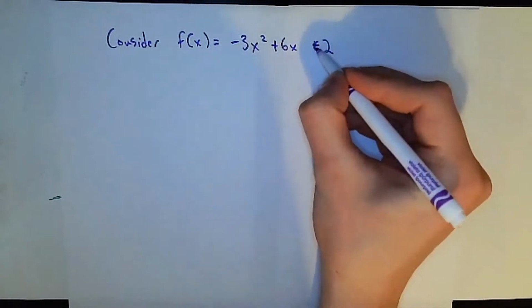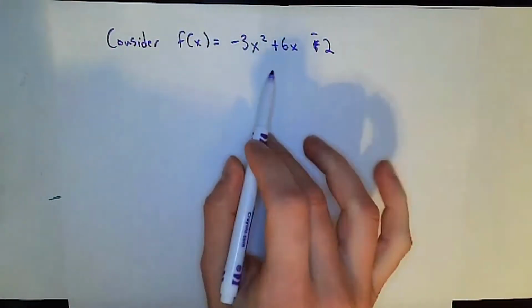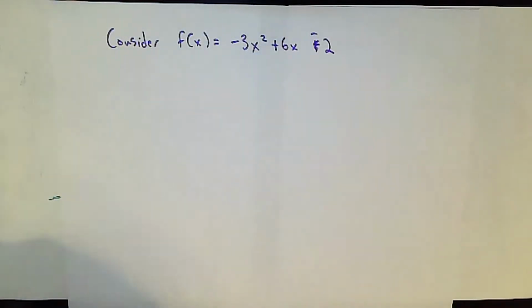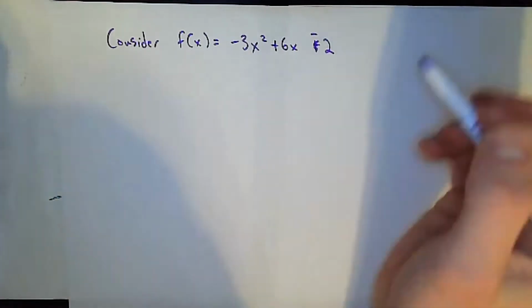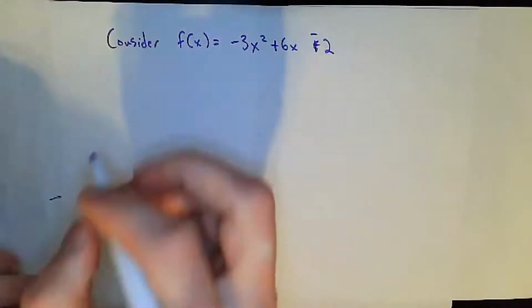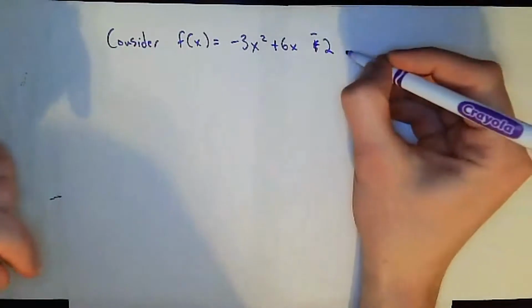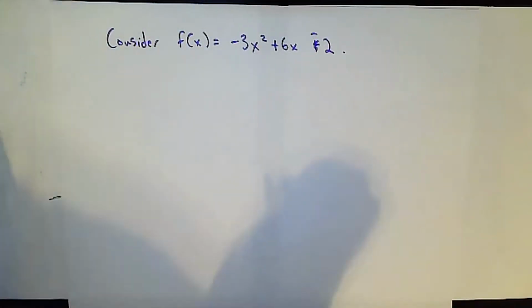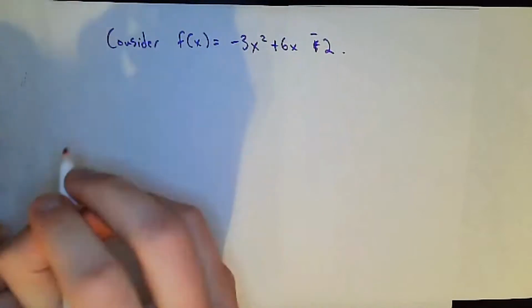It should be plus and minus. Negative 3x squared plus 6x minus 2. Okay, negative 3x squared plus 6x minus 2. Let's just go for it and see if we can follow the steps from the last example.